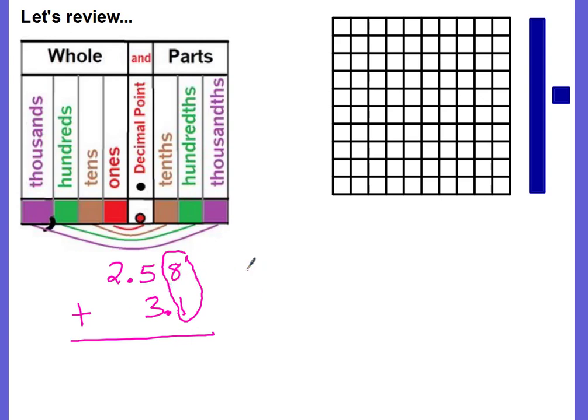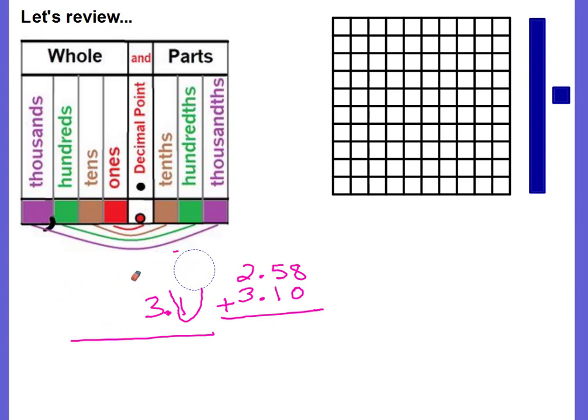So you learned that we had to line up the decimal points. 2.58 and then 3 tenths would be like this, and then you would just annex a 0 here. That way you're adding hundredths place to hundredths place, tenths place to tenths place, ones place to ones place. Well, it's a little bit different with multiplying and dividing.